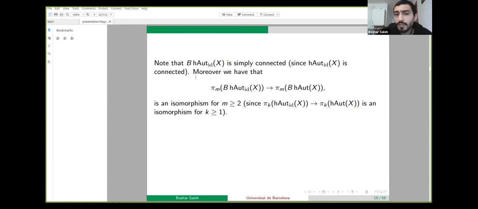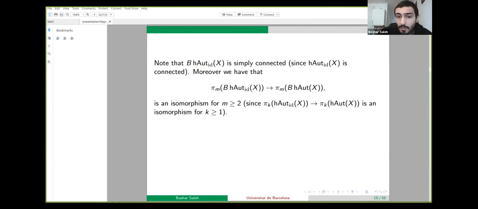Moreover, the inclusion of this identity component into the whole monoid of homotopy automorphisms induces a map on the homotopy groups of the classifying spaces, which will be an isomorphism for the higher homotopy groups, m greater than 2.